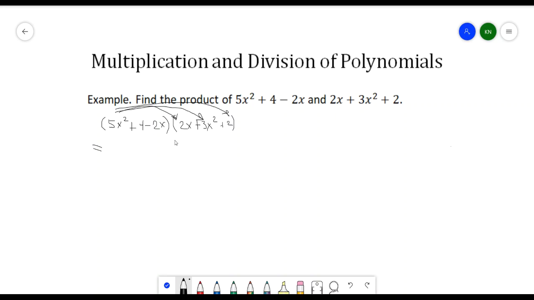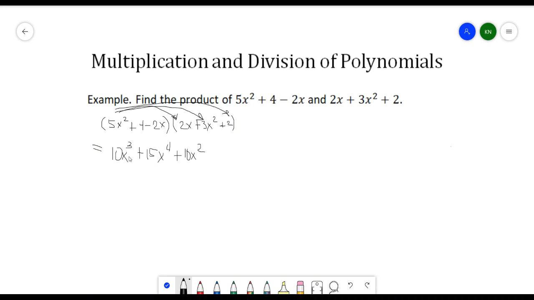So now let's try to perform the multiplication of this one. So we have 5x squared multiplied by 2x, that is equivalent to 10x cubed. Now 5x squared multiplied by 3x squared, that is equivalent to 15x to the fourth. 5x squared multiplied by positive 2, that is equivalent to 10x squared.